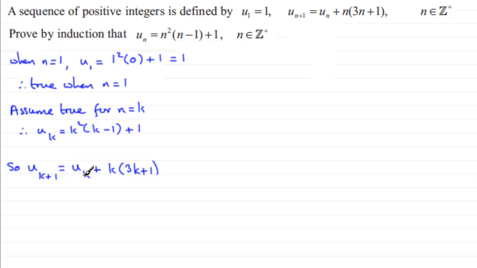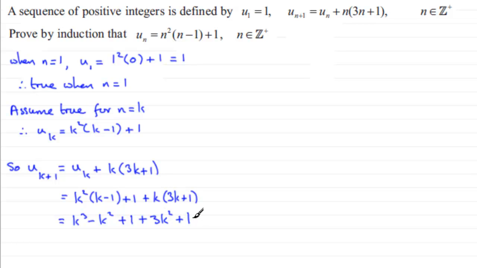Now we've got uk, we're assuming it's true for this value, so we can substitute that in as k squared (k - 1) plus 1, and then we've got plus k(3k + 1). Now if I expand this, we've got k cubed minus k squared, and then plus 1, and then expanding the last bracket gives us 3k squared plus k.